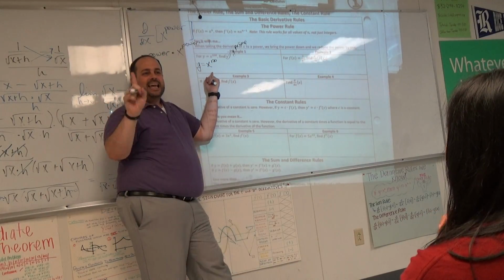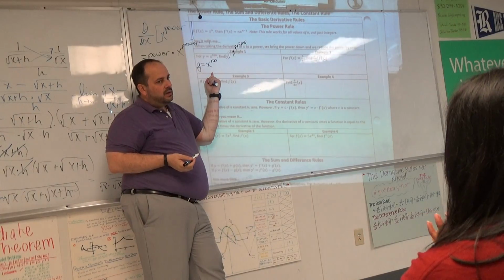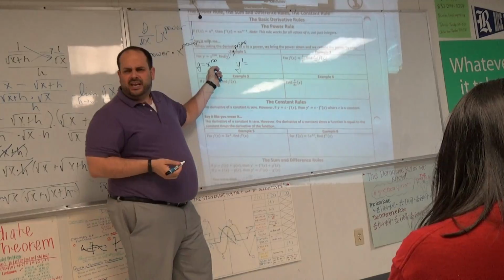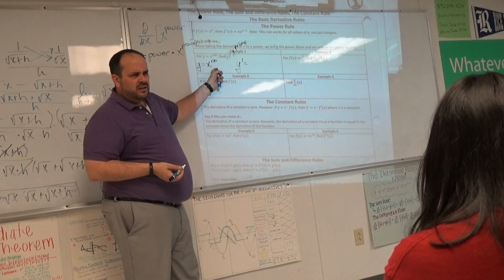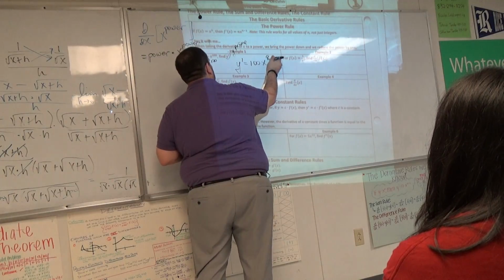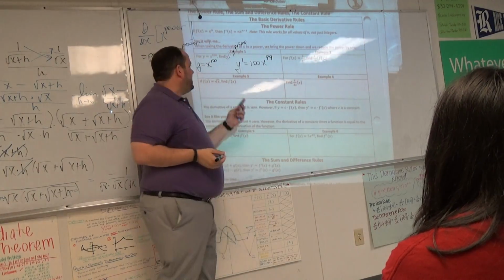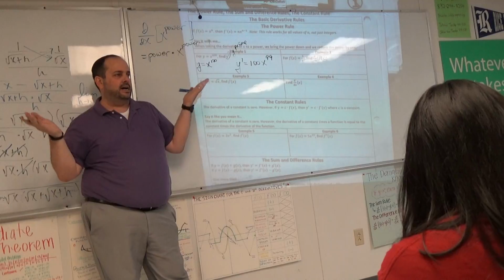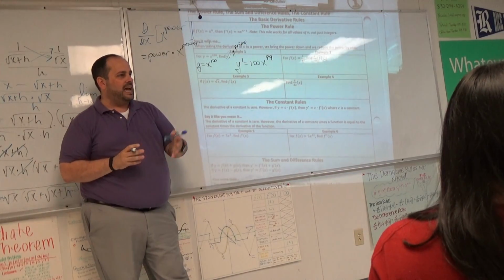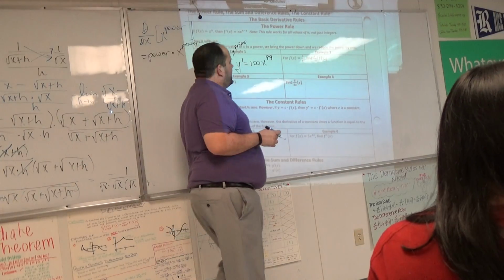Is that x to a power? Yes. So y prime, the power rule says what? Bring the power down and reduce the power by 1. The derivative of x to the 100th is 100x to the 99th. Done. It took 5 seconds. I know, it is beautiful, isn't it? She's having a moment.